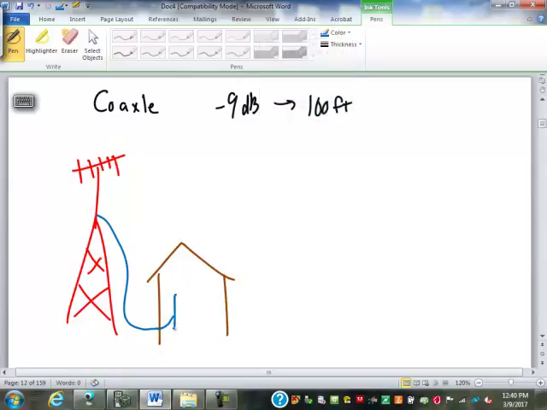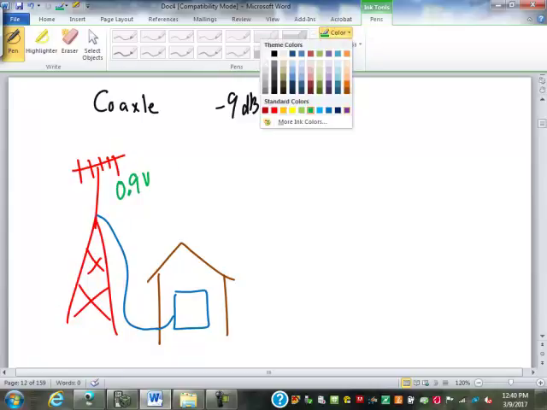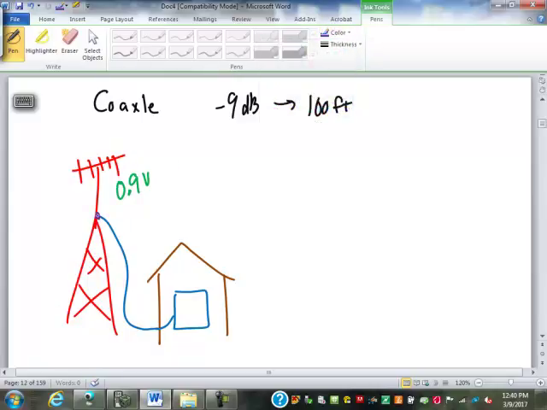And in this station, we have our box that's going to convert our signal and send it out through whatever. Let's say the signal coming in here is at 0.9 volts, and between the receiver on the antenna and our box here in the station, we have 140 feet of cable.